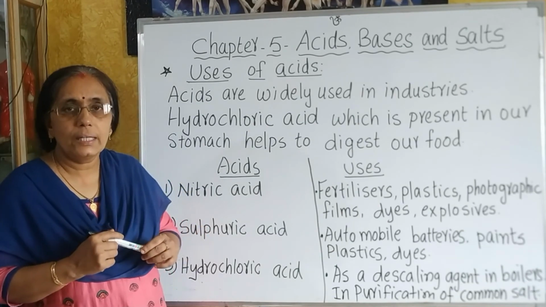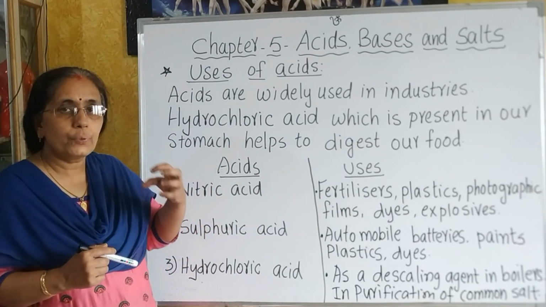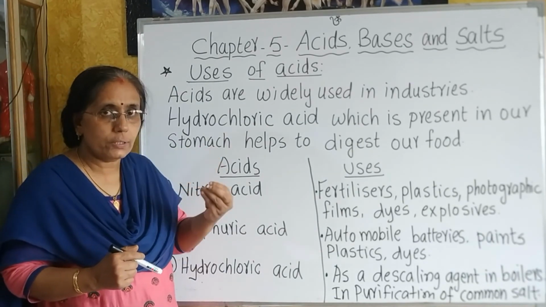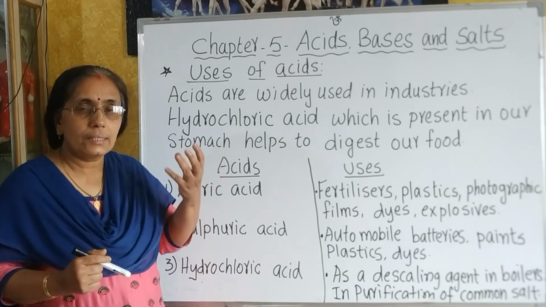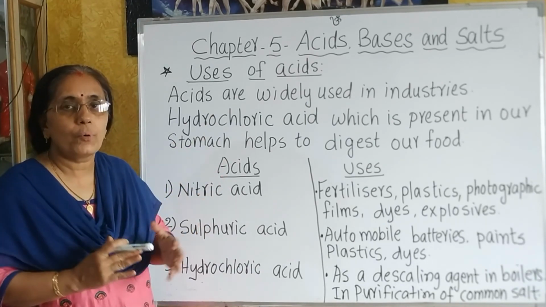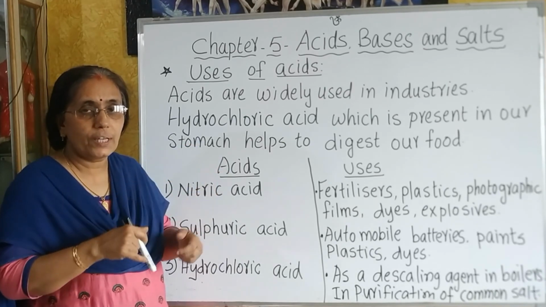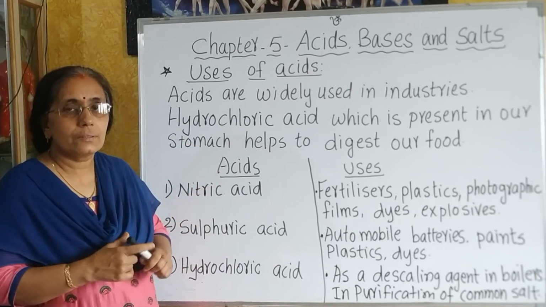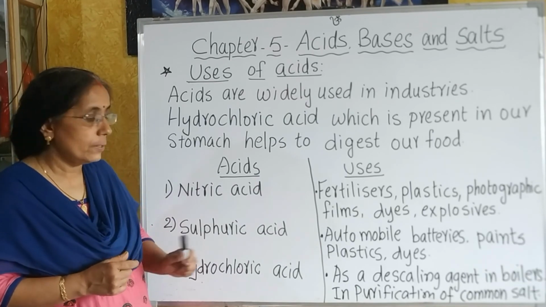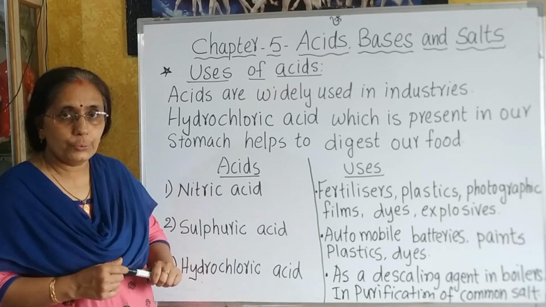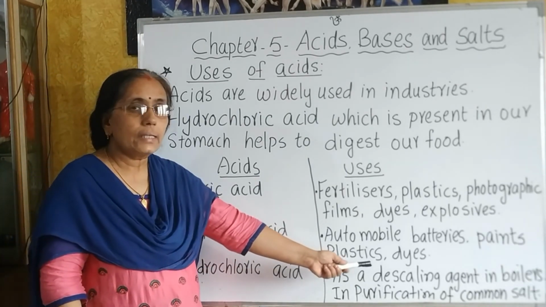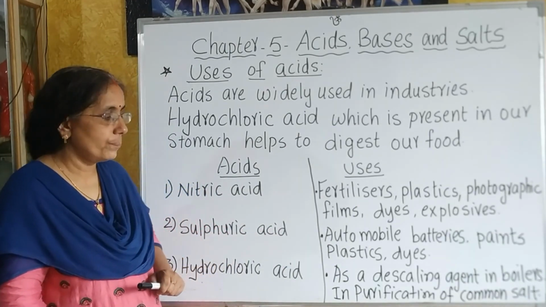Here descaling means to remove the deposit of certain salts. When the water and other chemicals are boiled in the big boilers, certain materials will be deposited on the walls of the boilers. To remove that deposited salt, hydrochloric acid is used. Therefore, it is known as a descaling agent.